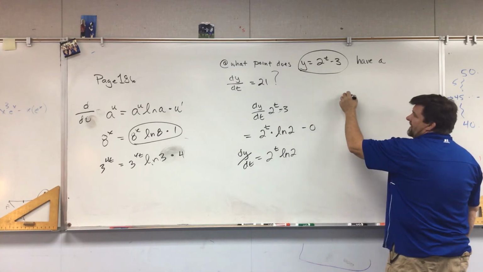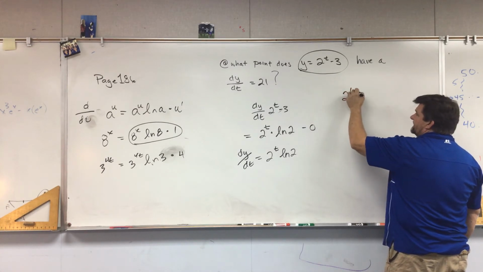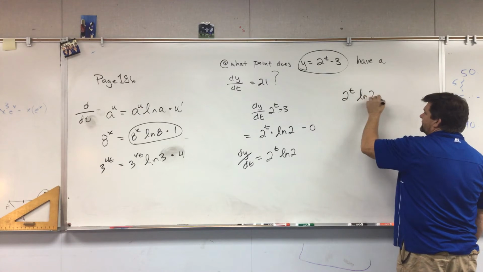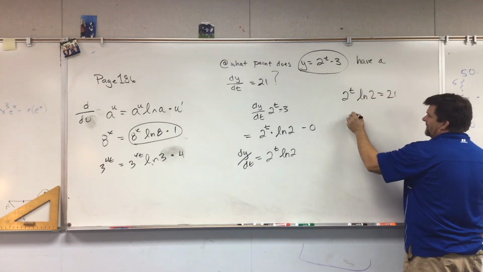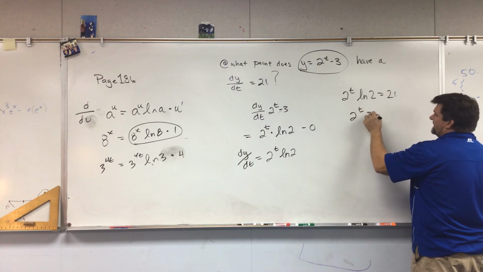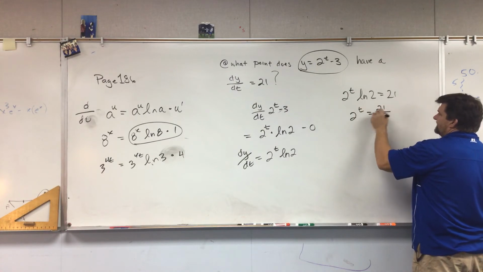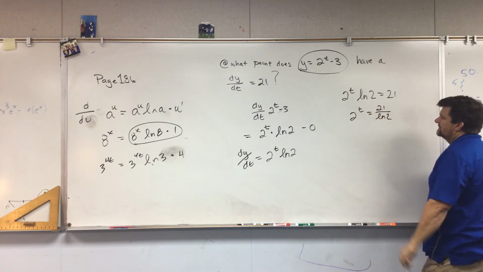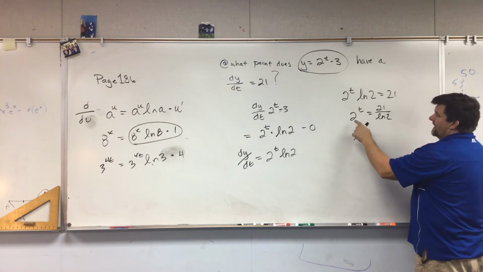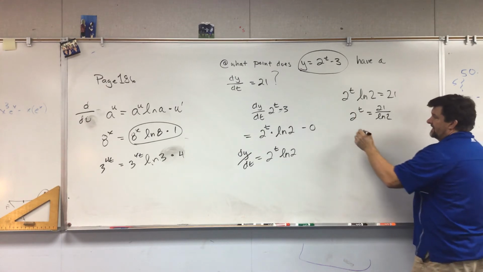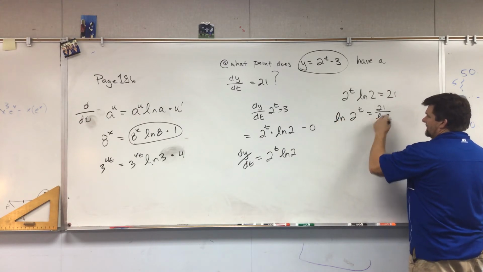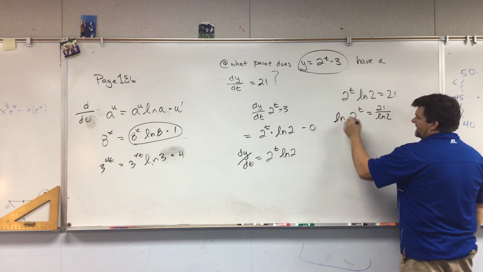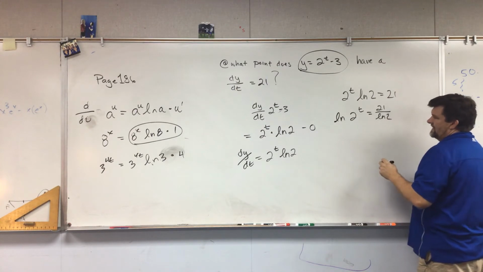So we're going to do some algebra here. 2 to the t natural log of 2 equals 21. Divide that over. 2 to the t equals 21 divided by the natural log of 2. And then, how do I get rid of this? Take the natural log of both sides. Natural log of that, natural log of this side.